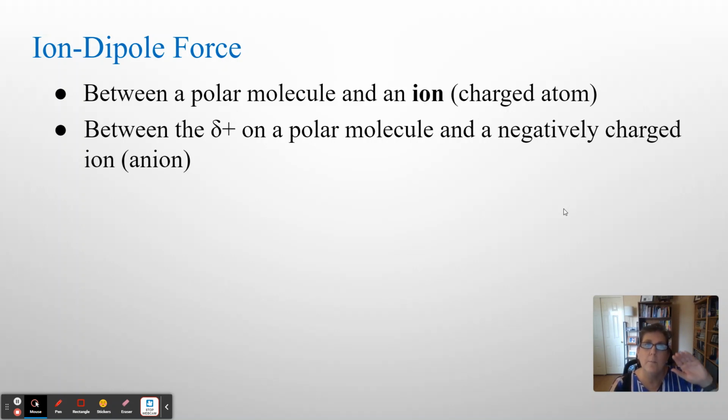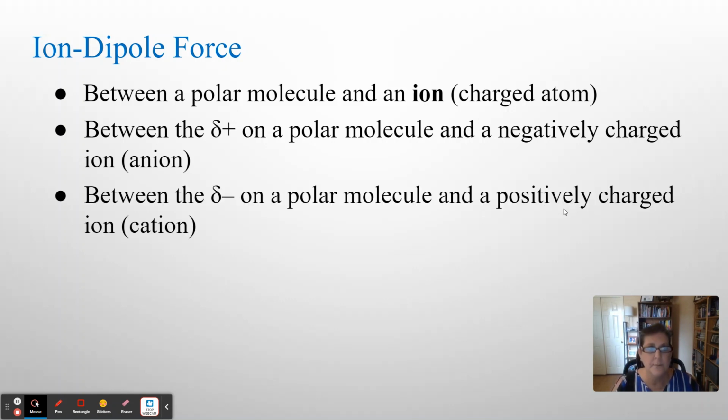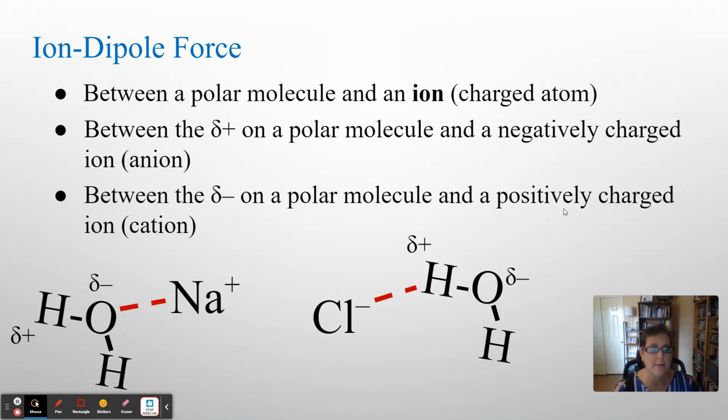So the little bit positive side of a molecule would be attracted to a negatively charged ion, an anion, because opposites attract. Or a little bit minus side on a polar molecule would be attracted to a positively charged ion, a cation. Again, opposites attract.